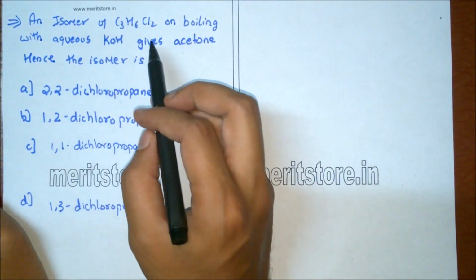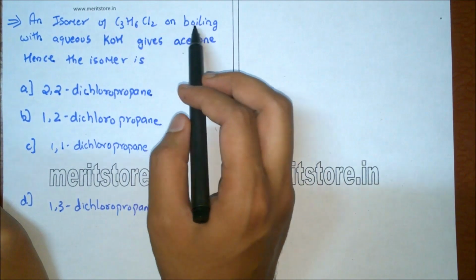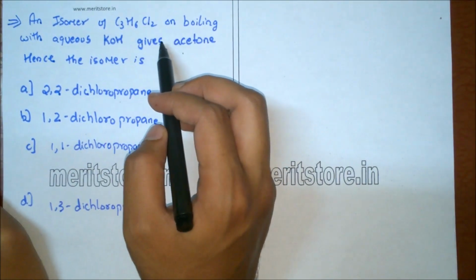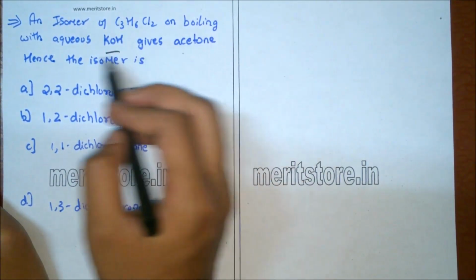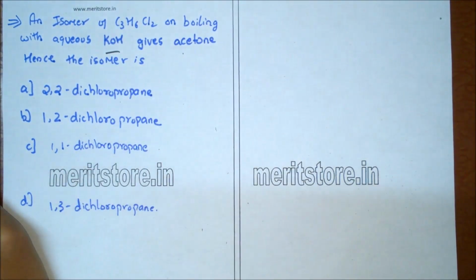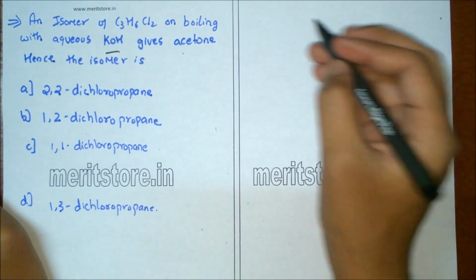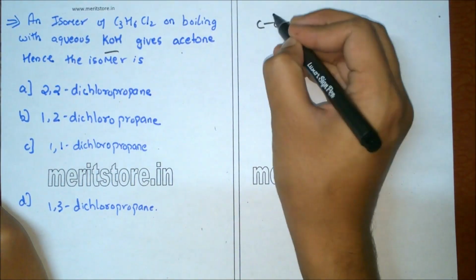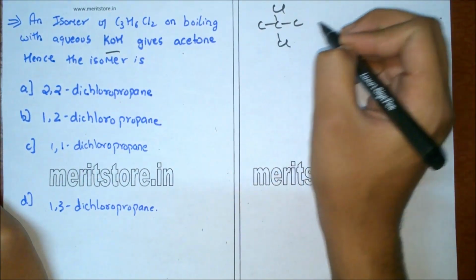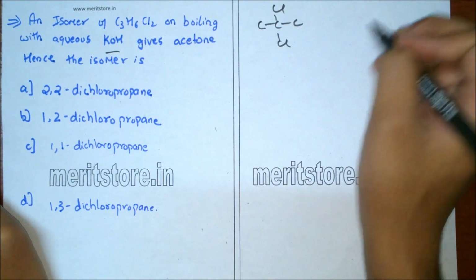An isomer of C3H6Cl2, on boiling with aqueous KOH, gives acetone. Hence the isomer is, so the structure, 2,2-dichloropropane.